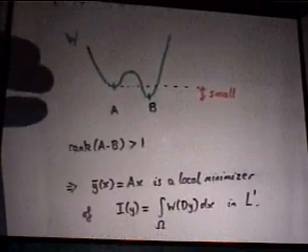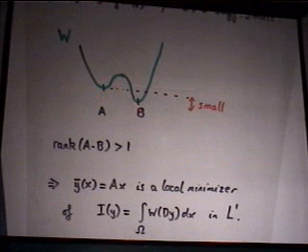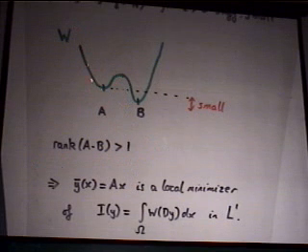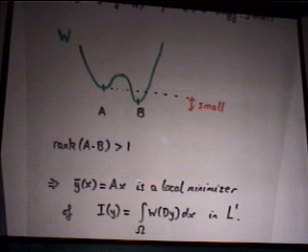This is another application, actually the one that motivated it, which is kind of interesting. Suppose I take two matrices A and B with no rank 1 connection between them, so they're incompatible. And I consider a W that has a local minimum at A and a slightly lower one at B. Then this estimate tells you that the mapping whose gradient is A, the higher one, is a local minimizer of the integral in L1.